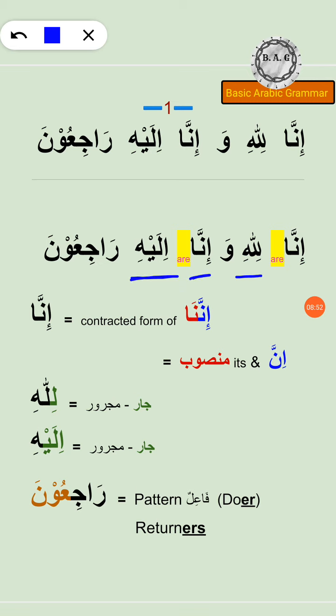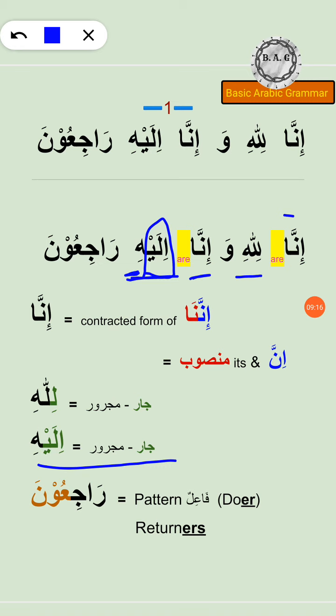Ilayhi. Once again, ila, and this hi is your jar form of huwa. So this is a jar majroor fragment again. And then raji'un. Before commenting on raji'un, let's look at inna.